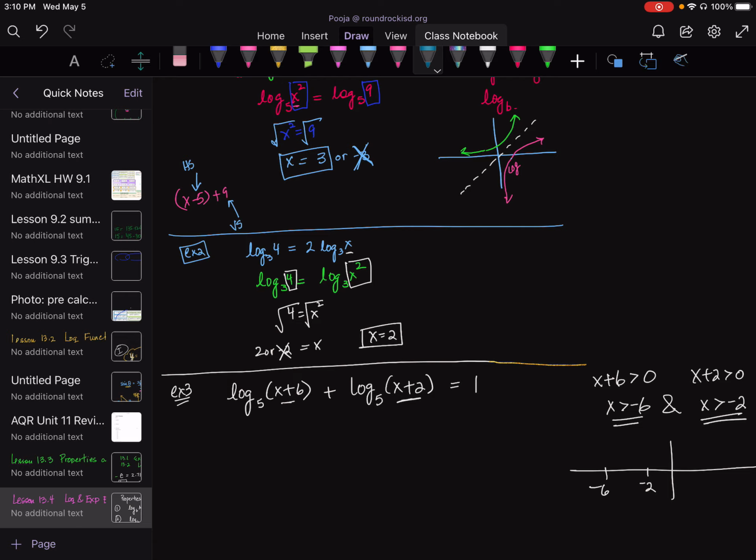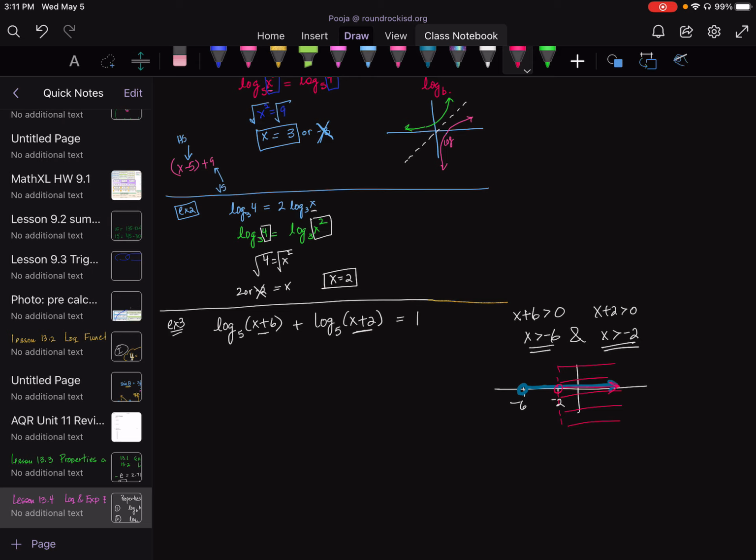The equation has to satisfy both of them. Greater than negative 6 means in this direction, and greater than negative 2 means in that direction as well. So what is the overlapping area? Negative 2 onwards, and hence the domain is going to be anything greater than negative 2, which means the answer better be greater than negative 2.